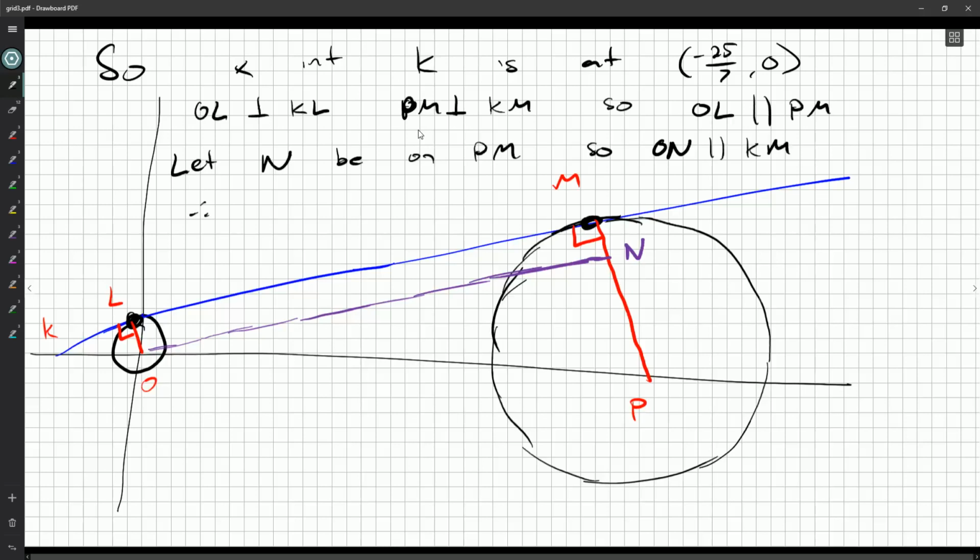So what will we have here? We'll also get right angles and right angles. So OLMN is a rectangle.